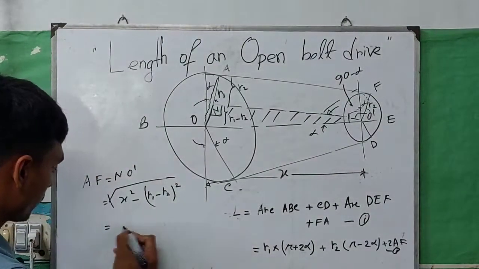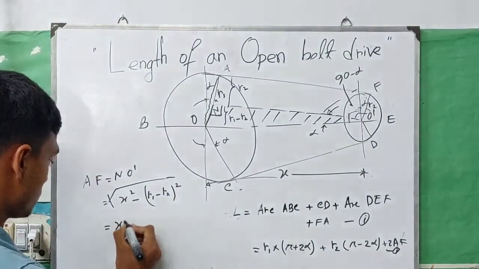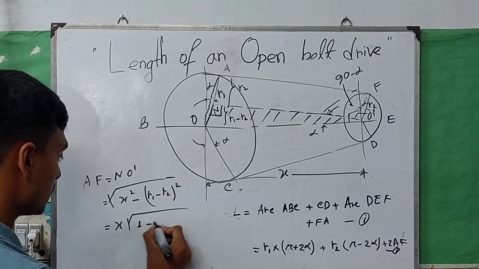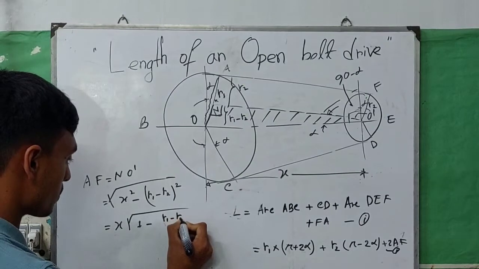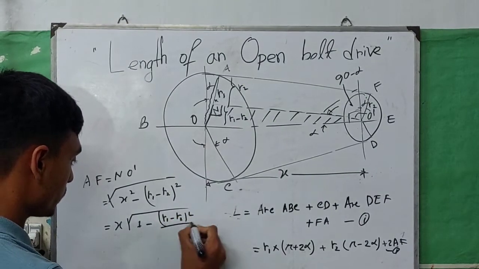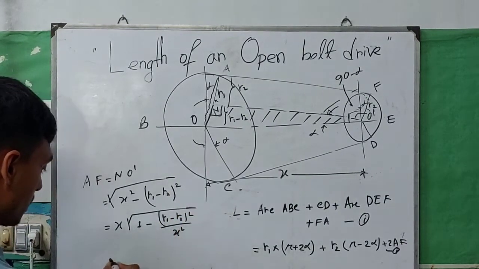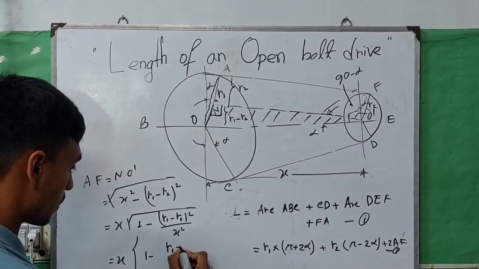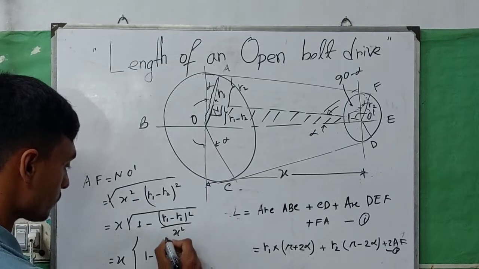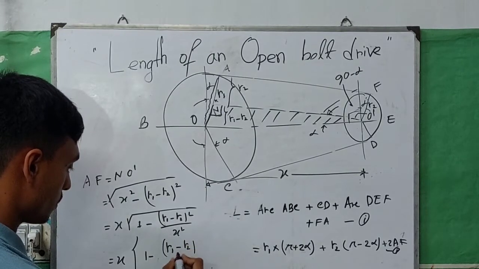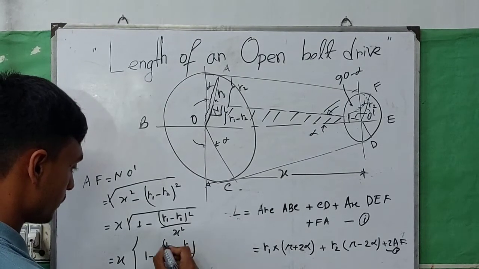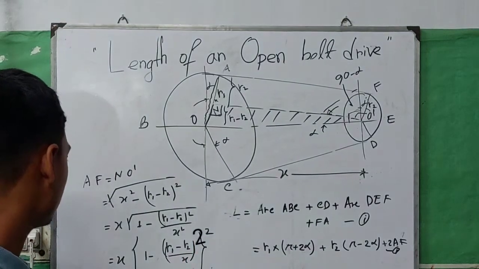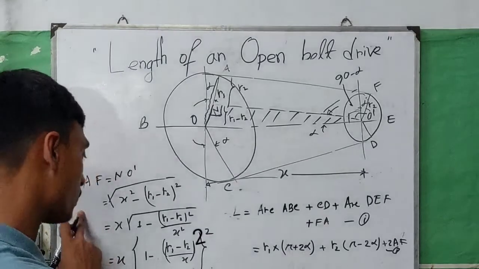Here if we take out x common, we can write x times root of 1 minus (R1 minus R2) square by x square. This is our final value of AF.